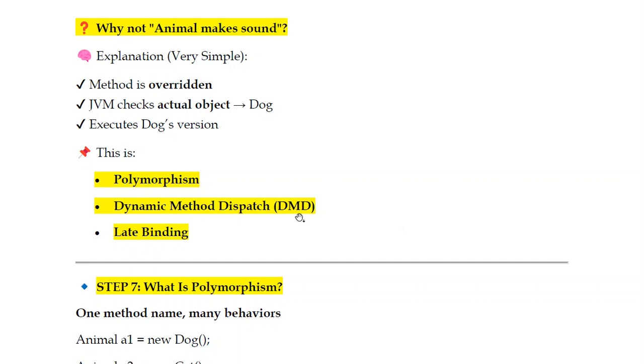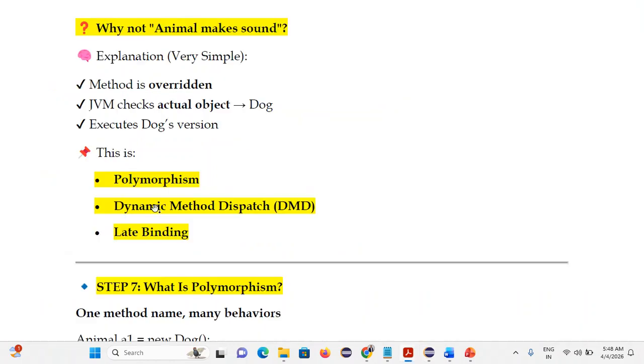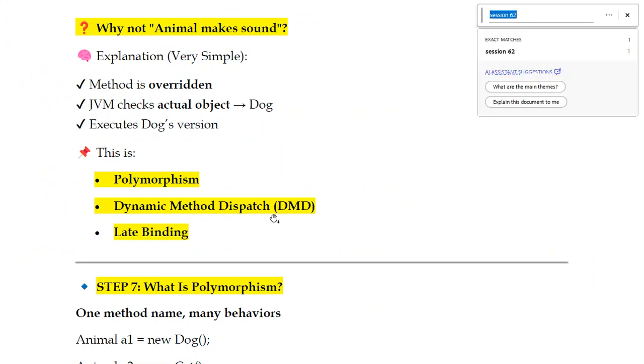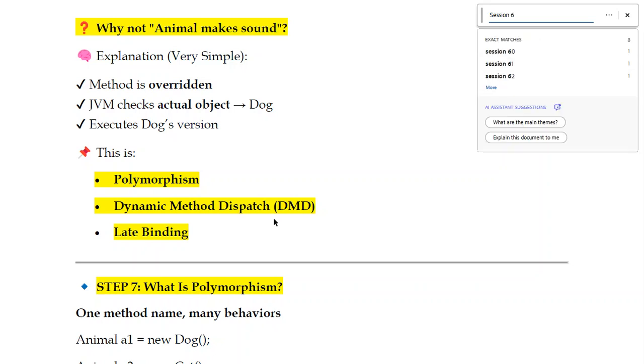Dynamic method dispatch, we already discussed. It's just a process or mechanism that ensures, okay, the important thing is dynamic method dispatch. We already discussed it in session number 63.